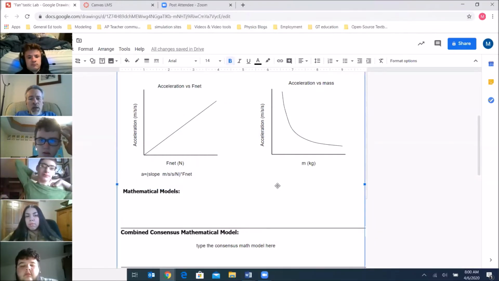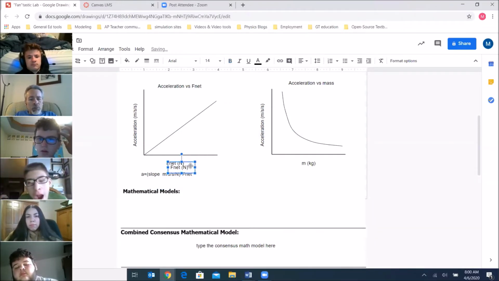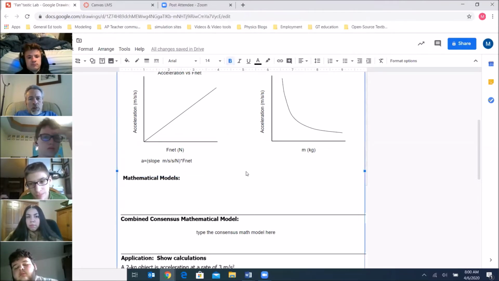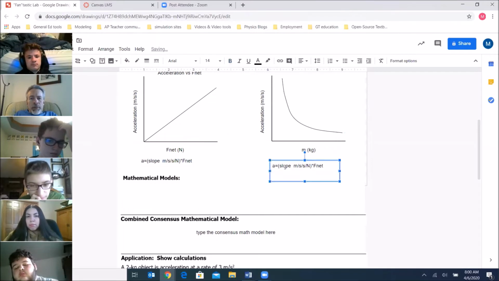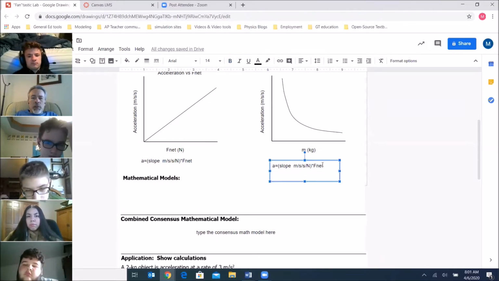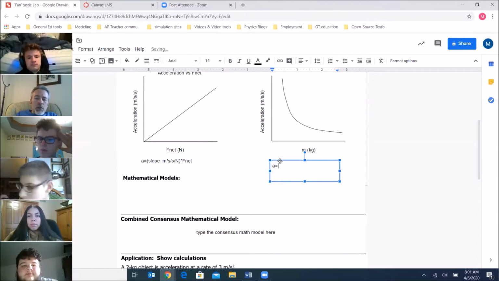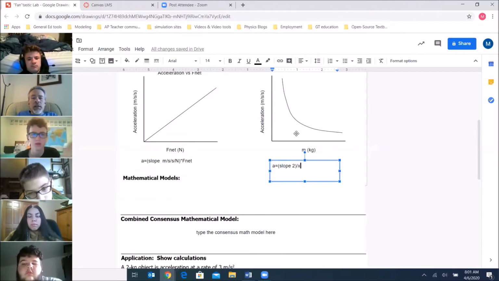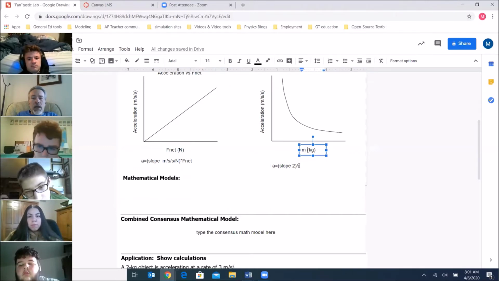So I have to write another mathematical model. Oops, sorry about that. For this one, it's going to be acceleration equals some number, I'm going to say slope 2, divided by x, but don't put an x. X really is, in this case, this axis right here, it's mass.